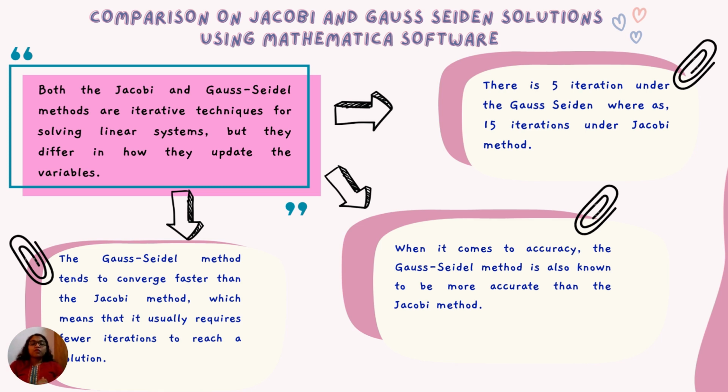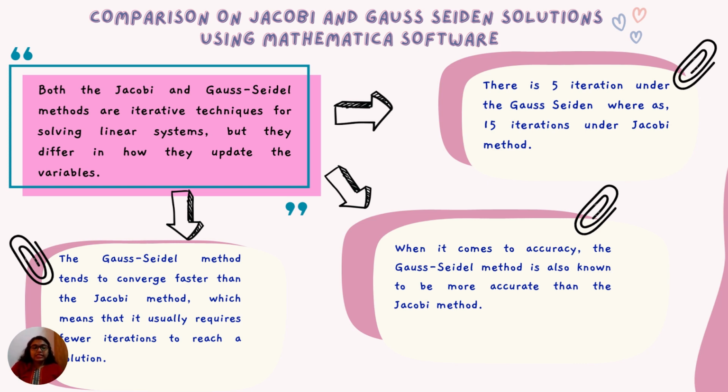The first one is that there are 5 iterations under Gauss-Seidel, whereas there are 15 iterations under the Jacobi method. Next, the Gauss-Seidel method tends to converge faster than the Jacobi method, which means it usually requires fewer iterations to reach a solution.